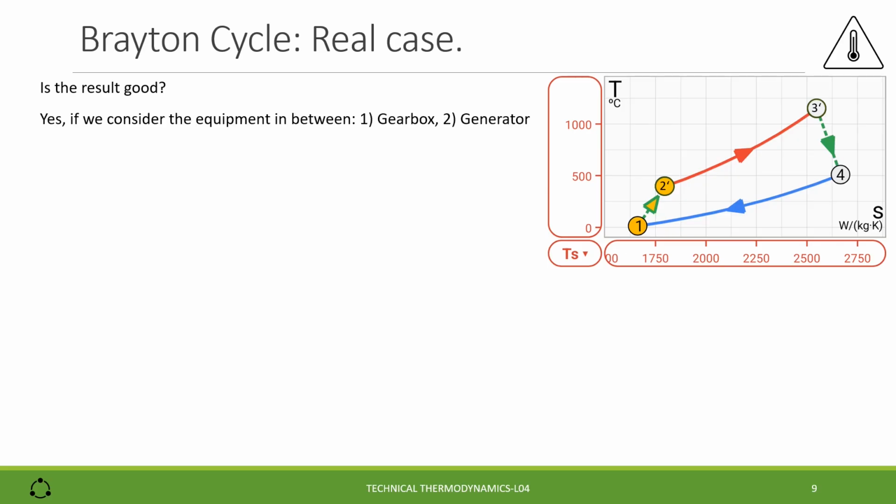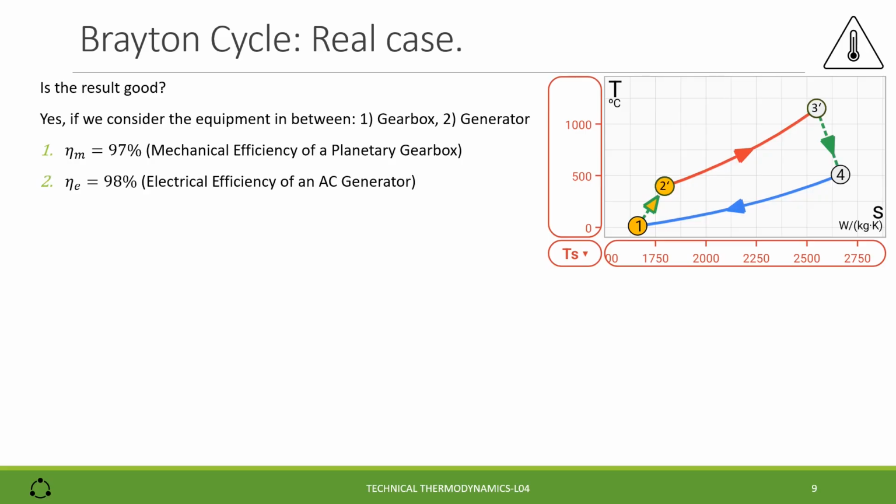Yes, if we consider the equipment in between. We have in addition a gearbox and a generator. The mechanical efficiency of a planetary gearbox we can estimate in 97%, and the electrical efficiency of a generator we can estimate in 98%.